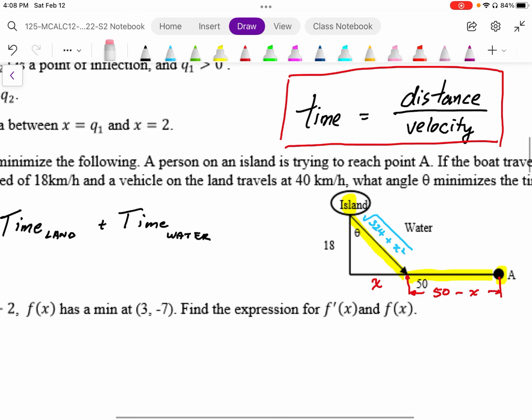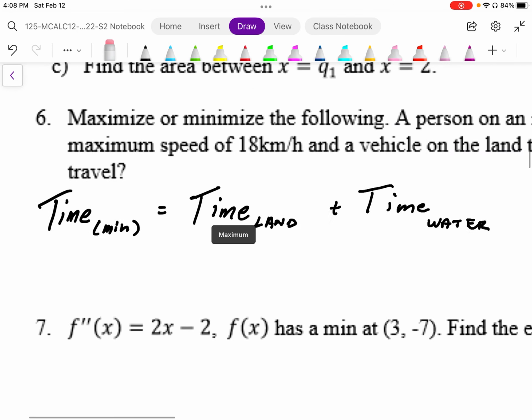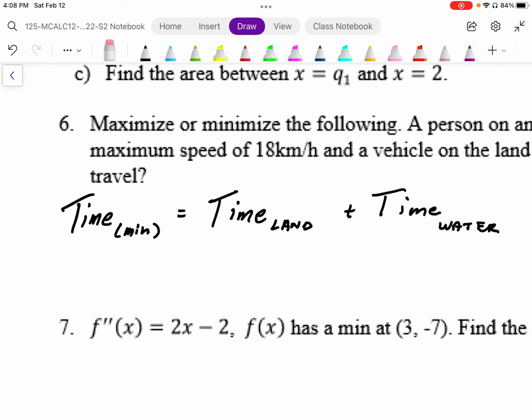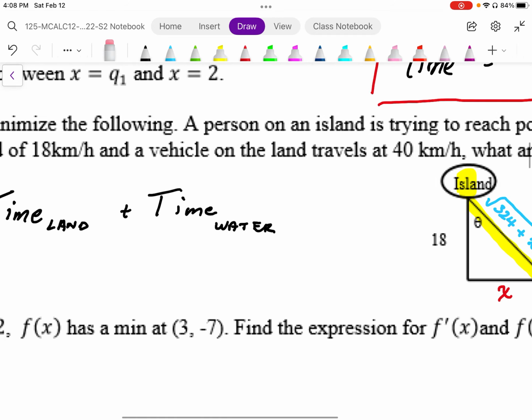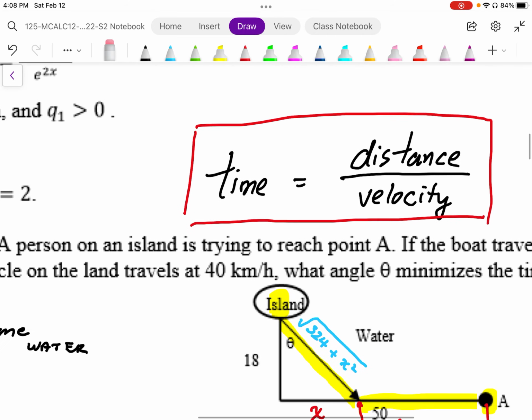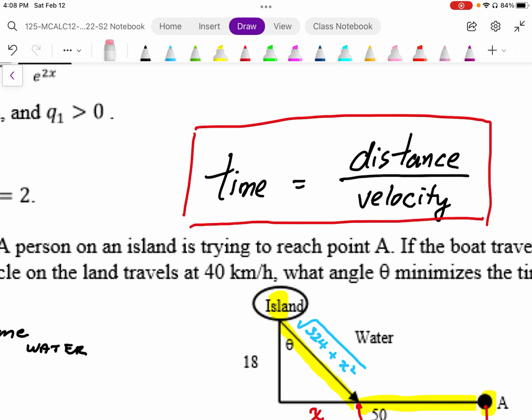Okay, so we want to minimize the time. So we need an equation for time. Our equation for time that we're going to minimize is going to be equal to the time on land plus the time on water. And to get the time expression, we're going to use time is equal to distance divided by velocity.